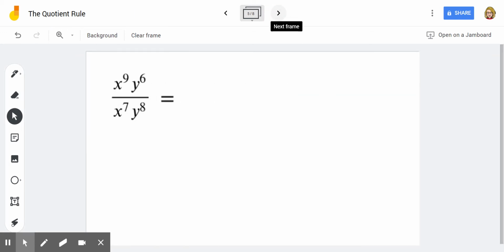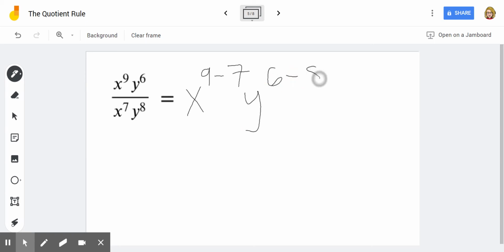Okay, so let's simplify this one. So we have x to the 9th over x to the 7th, so that's going to be 9 minus 7, and then for y we have 6 minus 8. Okay, 9 minus 7, that's going to give you x squared.